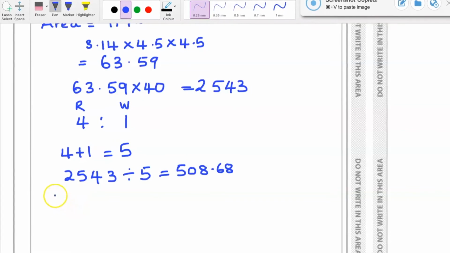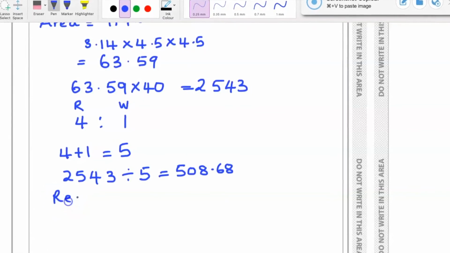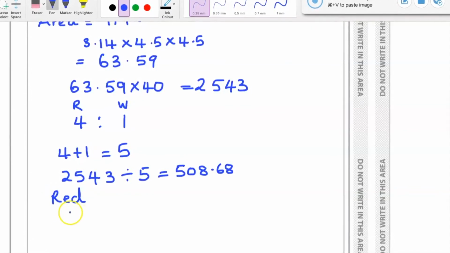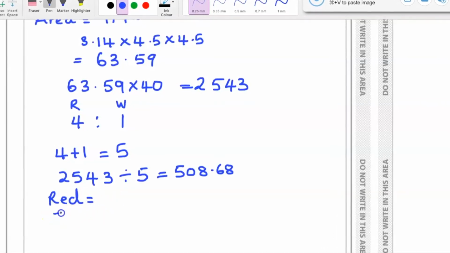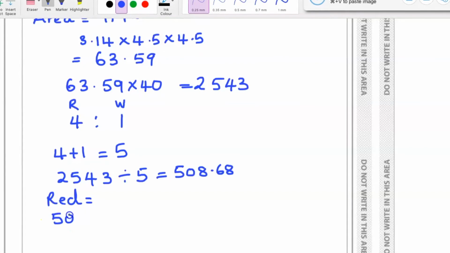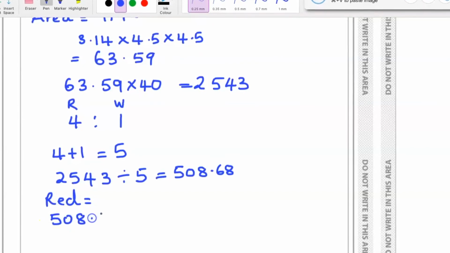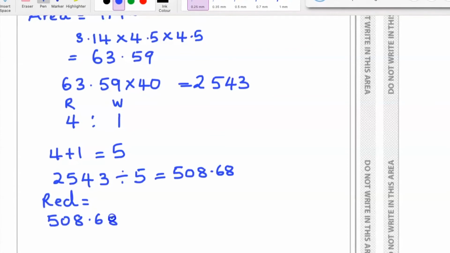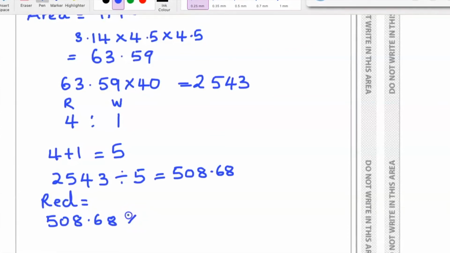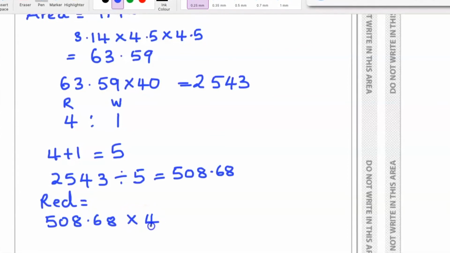So for red, we have red equals 508.68 times 4 parts.